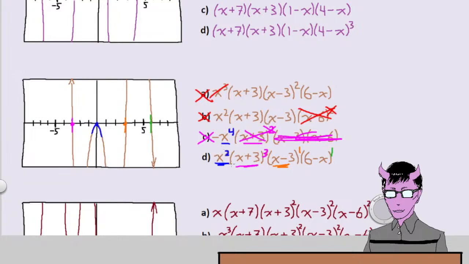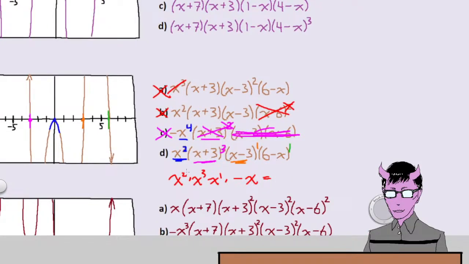So is it correct? Let's do partial distribution. So this one yields x squared, and then we do partial distribution of this. And that one is just x power 1. And this one is negative x. So if we do the partial distribution completely, 2 plus 3 plus 1 plus 1 gives us 7.